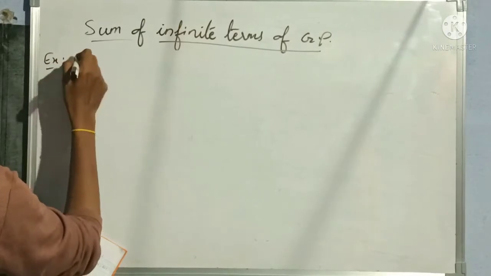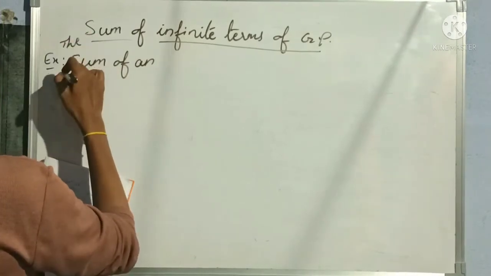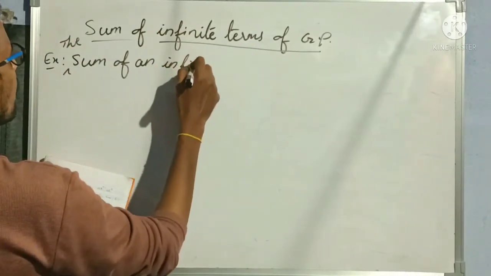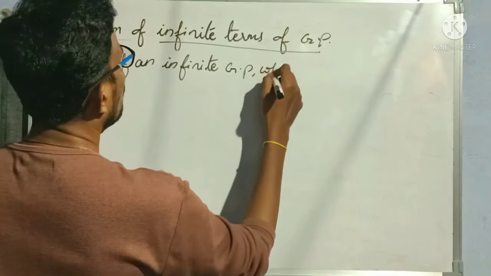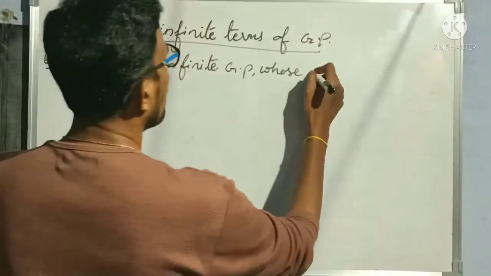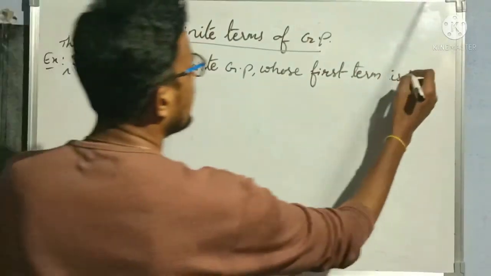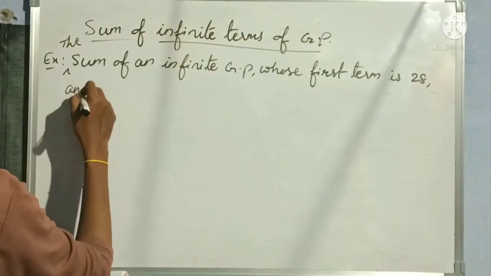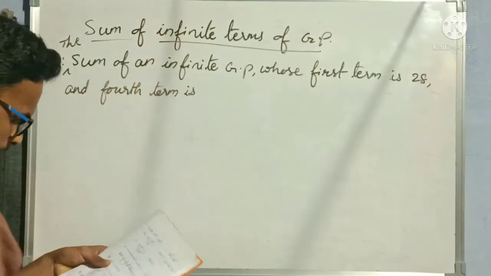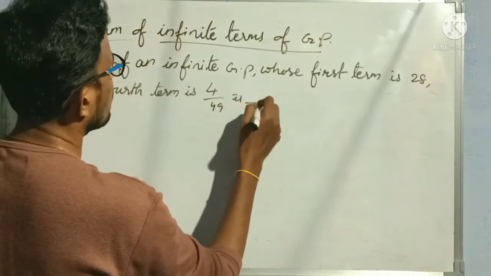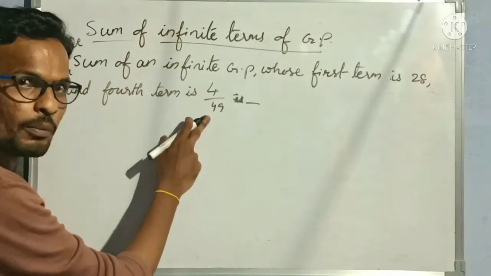Example: the sum of an infinite GP whose first term is 28 and fourth term is 4 by 49.